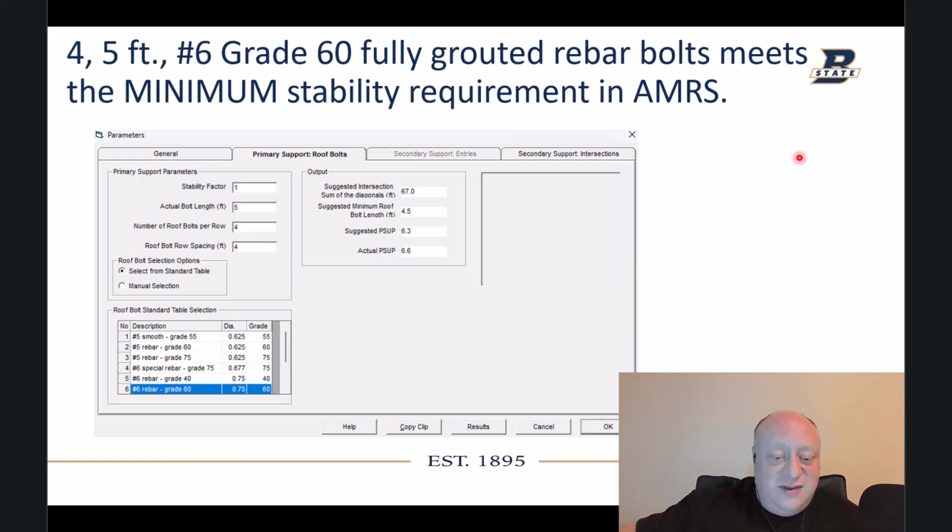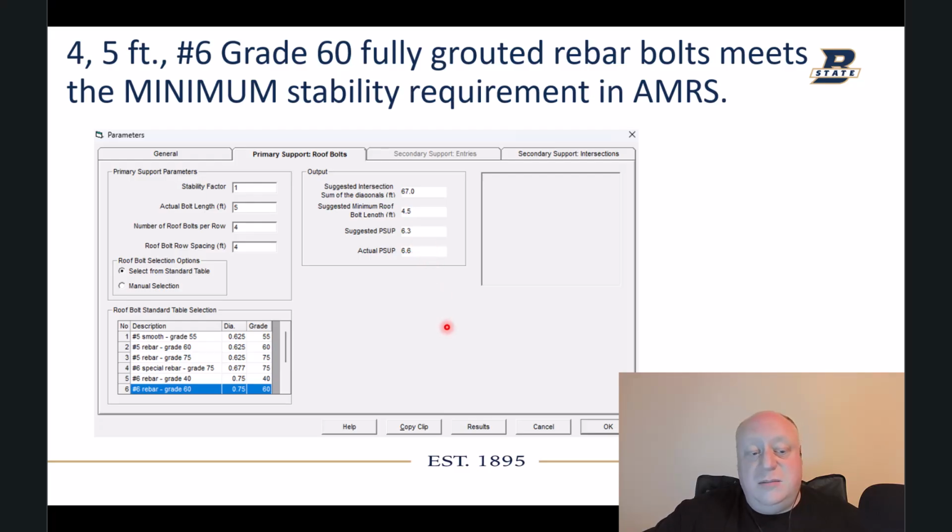And then when you look at this P-sub value, this is a value that's based on the number of bolts, the length of bolts, the diameter and grade of the bolts, which takes into account the strength of the bolts, that sort of thing. And that calculation is all in the help file as well. But we've exceeded our suggested value by just a small amount.